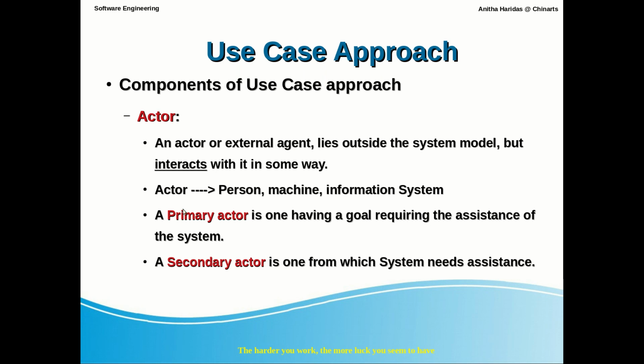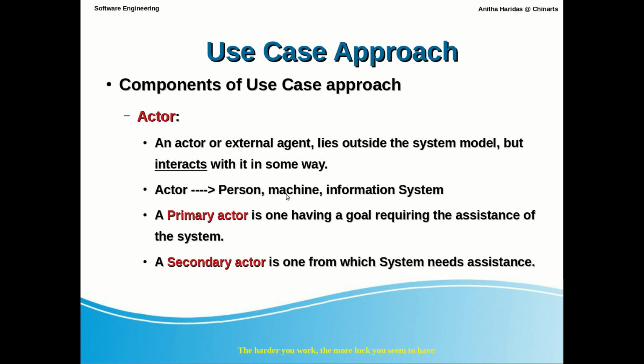So I can give some examples of an actor. An actor can be a person. When I say person, it can be an end user. Say for example, in a college management system, the teacher, student or parents can be called actors. Or it can also be a machine.